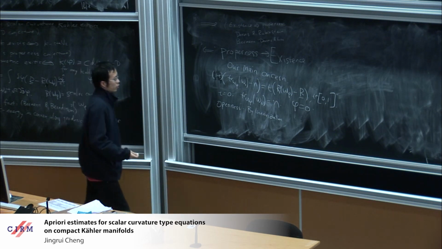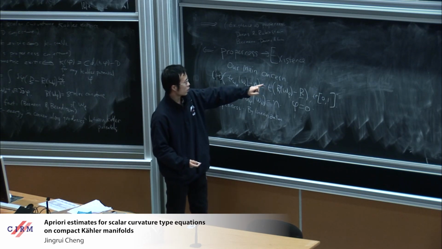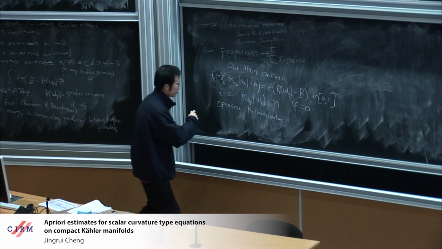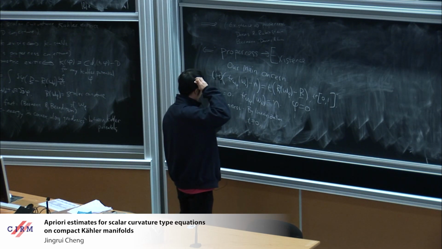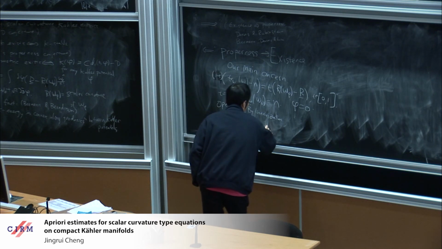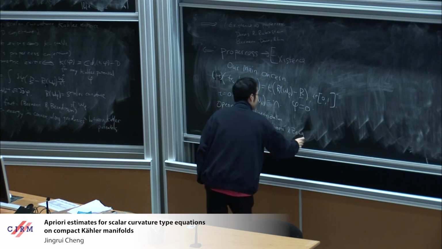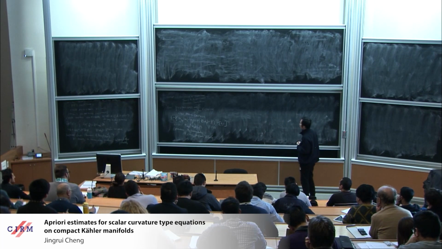At t equals 0, the openness is slightly tricky because you are just changing a fourth order equation to a second order equation. That is a little bit tricky, but that's also done. The case when t equals 0 was, I think, done independently by Hashimoto. And then, okay, so that's the openness part.